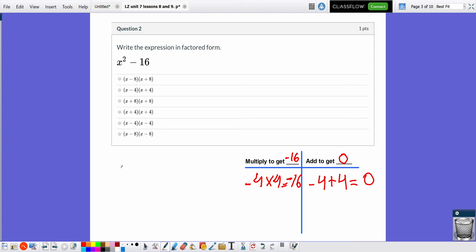So I know that my factors will be x, because I have to multiply to get x squared, and positive 4 and negative 4. So here I know that this is the correct answer, x minus 4 times x plus 4.